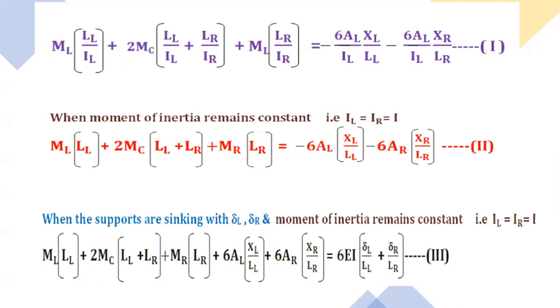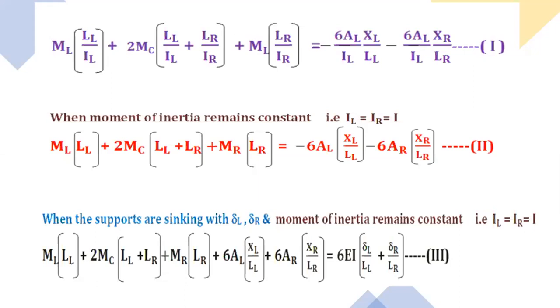When it has the deflections, we will get equation 3. Equations 2 and 3 are obtained from equation 1. If you thoroughly understand equation 1, if it is constant moment of inertia, directly we can write equation 2. When the supports sink, for example span A sinks 5 mm and span B sinks 10 mm, then we will apply equation 3, not 1 and 2.